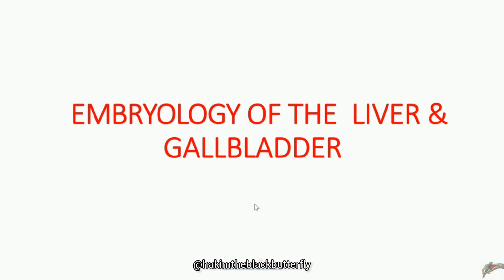So the liver bud develops into the liver, while the biliary bud will form the gallbladder and the bile duct. So at around week 7 and 8, the liver and the biliary system continue to grow and develop.